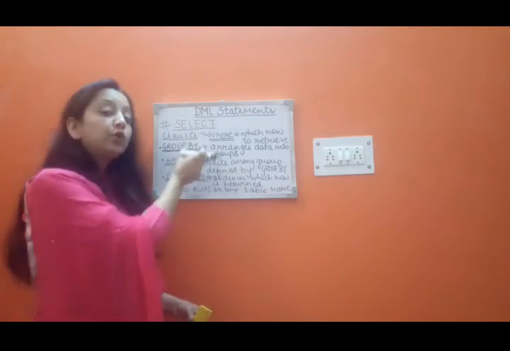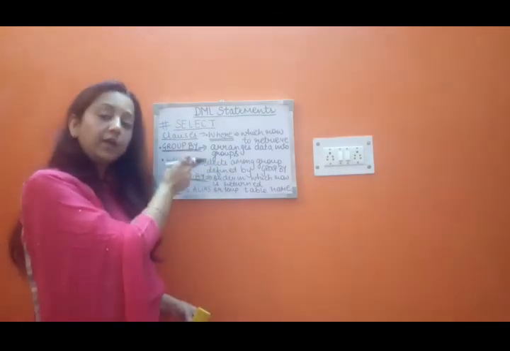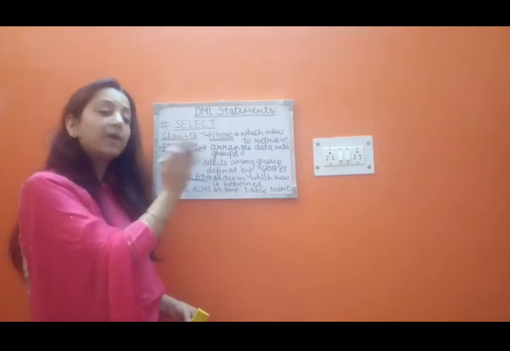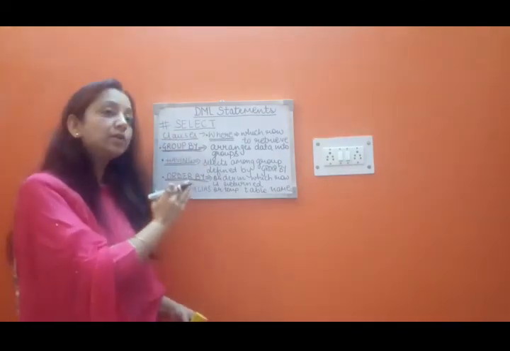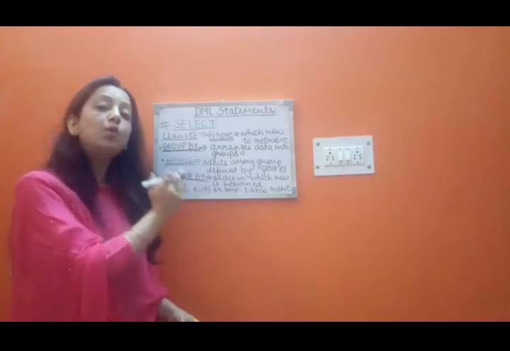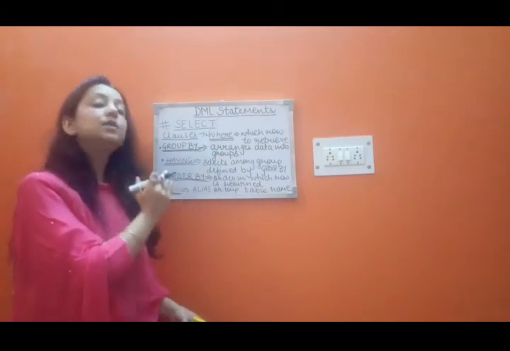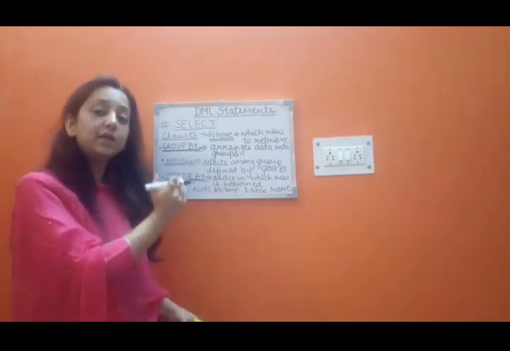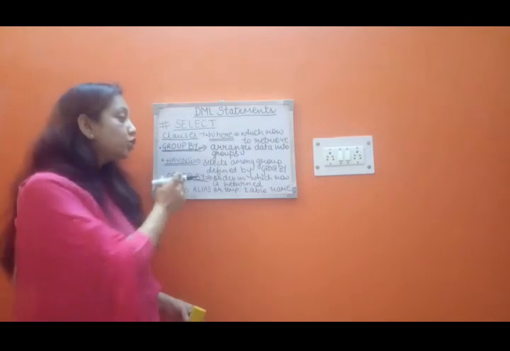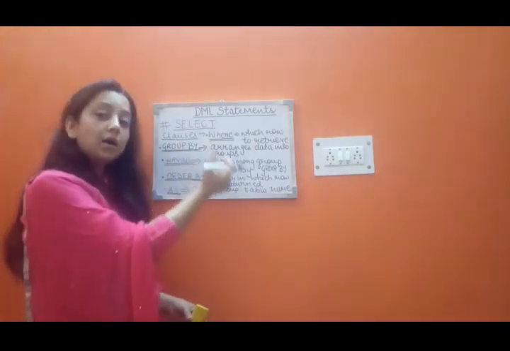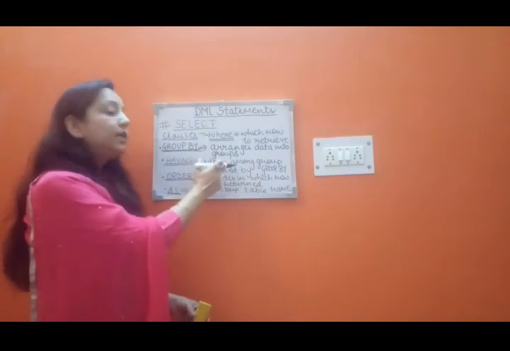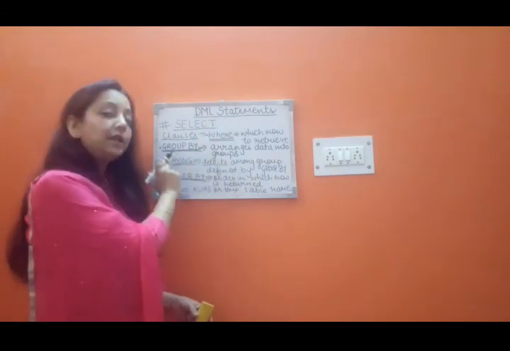I have grouped the data according to the departments. That means department wise grouping. Now among those groupings, I want to see the details of only those employees whose salary is, say, greater than 50,000. So the having clause selects data among the groups which are defined by the group by clause.